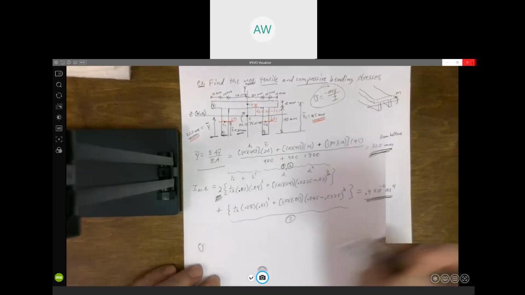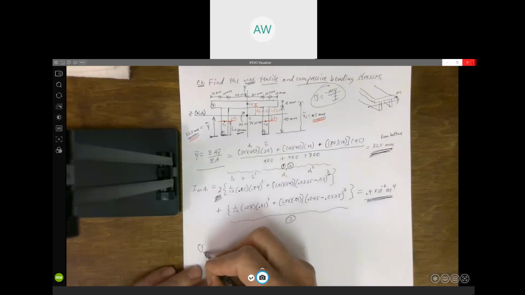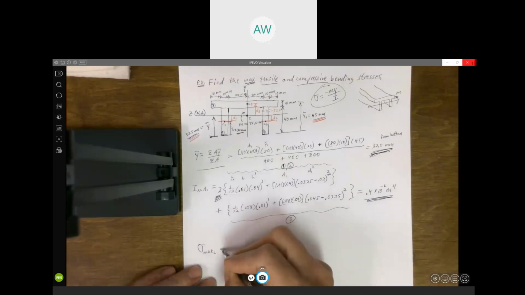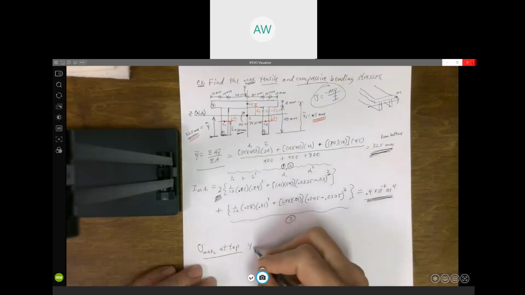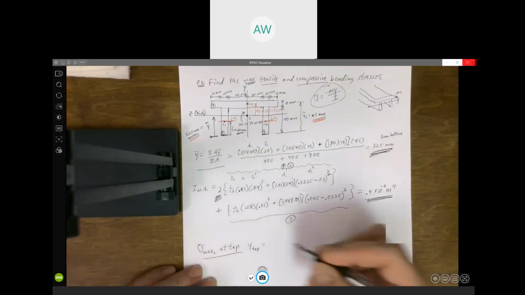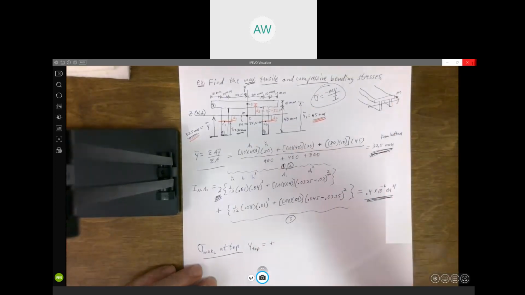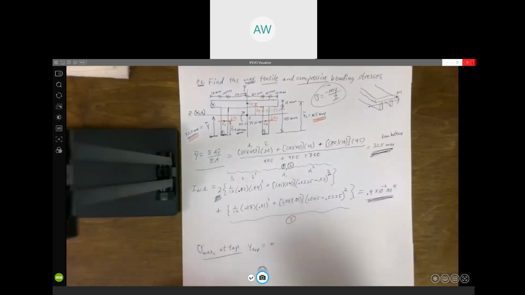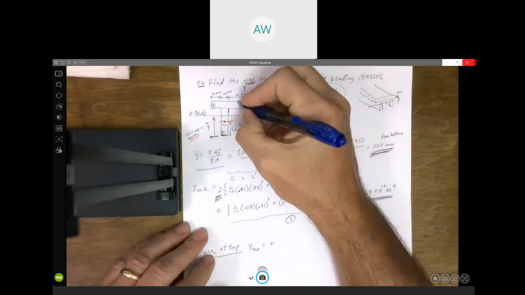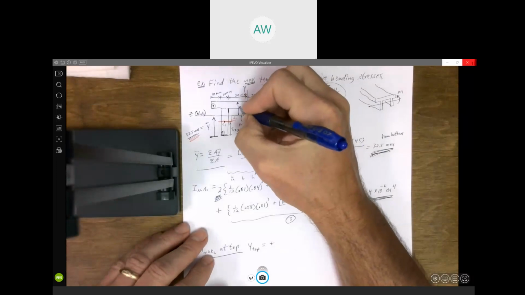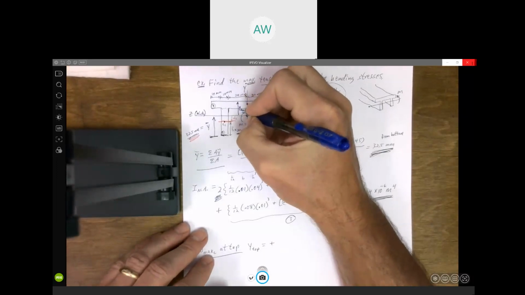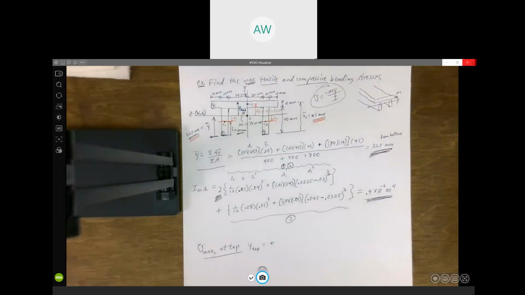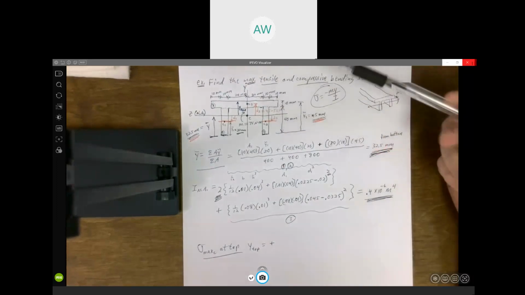So per our earlier discussion, we said our maximum compression is going to be at the top. And Y at the top is going to be positive. Remember, Y is positive up. Y top is just the distance from our neutral axis to that top surface.